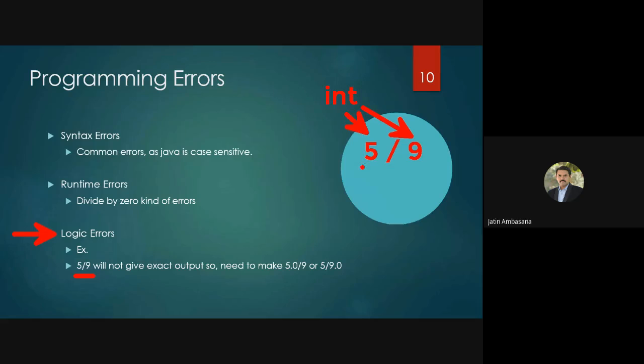So whatever division takes place, the result is an integer result. It will not have a decimal point inside it. So what we need to do is either make 5 a double number, a number with a decimal point, or make this 9 with a decimal point. These are called logical errors.